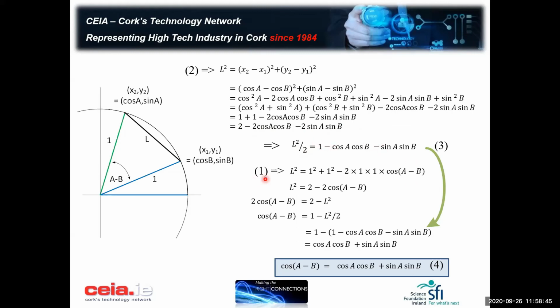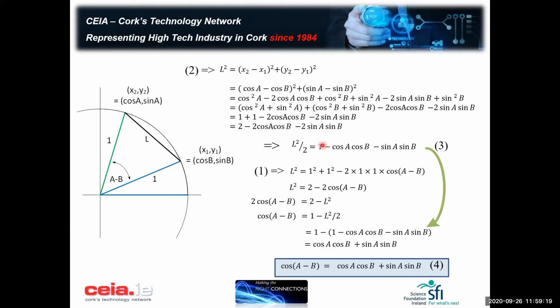Now returning to the cosine rule formula, L squared equals B squared plus C squared minus 2BC cos A. That simplifies to L squared is 2 minus 2 cos A minus B. And we're nearly there then, because we now have an expression that contains cosine A minus B. So we rearrange it to get cosine A minus B is equal to 1 minus L squared over 2.